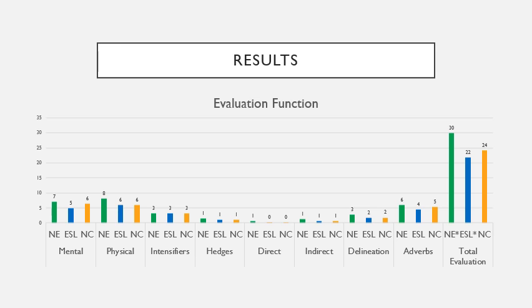However, when we add them up, we do observe some significance between the native English speaker and the ESL group. So it looks like that native English speakers tend to use more evaluation devices in their story comparing to the Chinese participants.